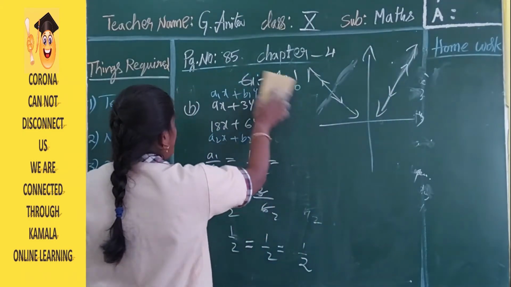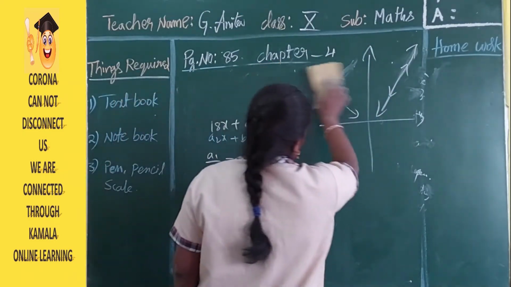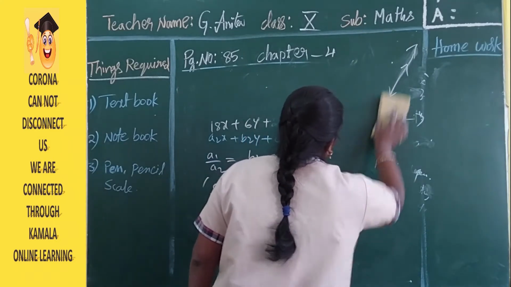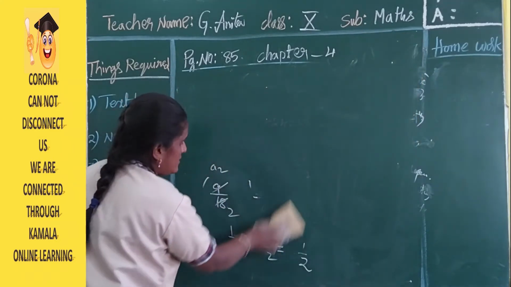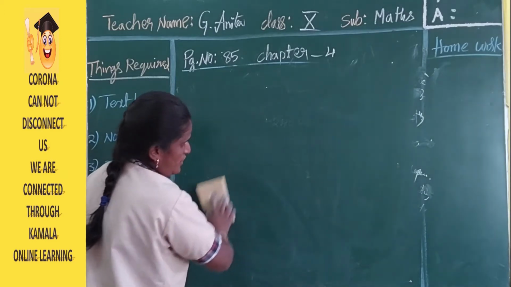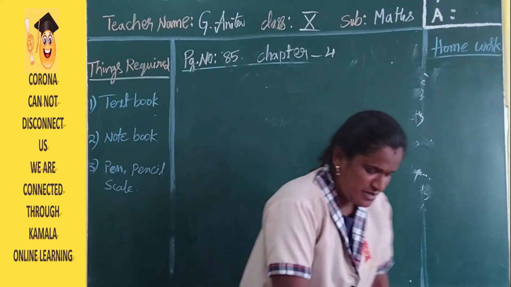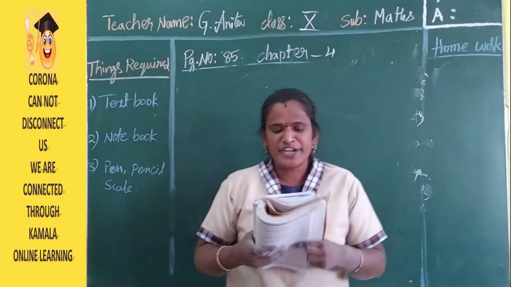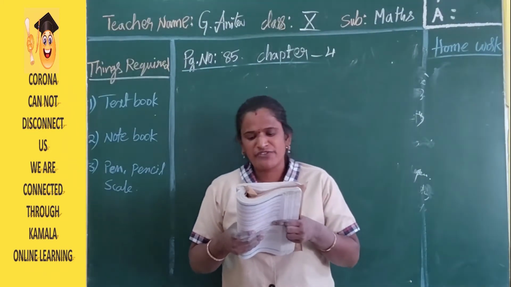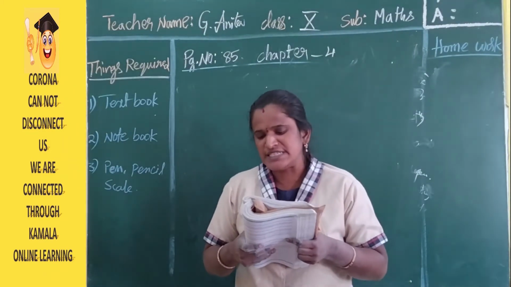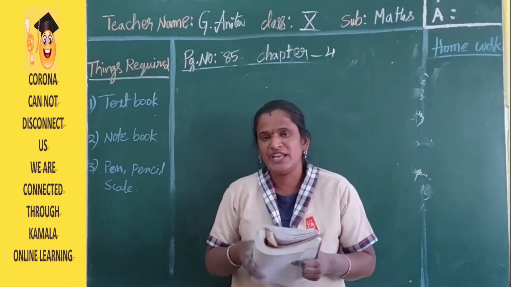Okay, clear children? Next, I am going to explain the second problem. It is the most important problem, and this is very easy for you also. I will tell you in an easy method. Okay, look at your textbook. Check whether the following equations are consistent or inconsistent. Solve them graphically.